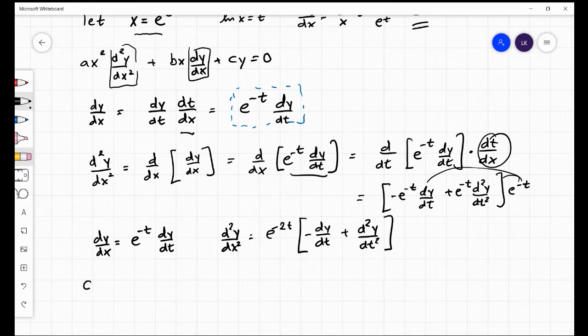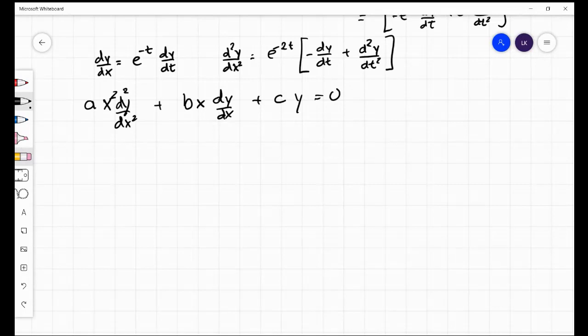And then we plug that into our Cauchy-Euler differential equation, where we're trying to get rid of the independent variable. So we get, remember that x is e to the t. So we have a times x squared, so that's e to the t quantity squared, times the second derivative from right over yonder.